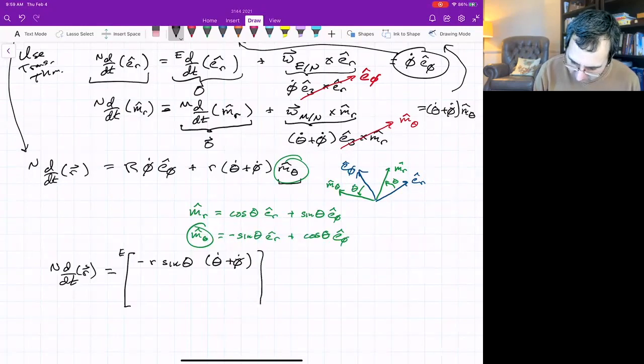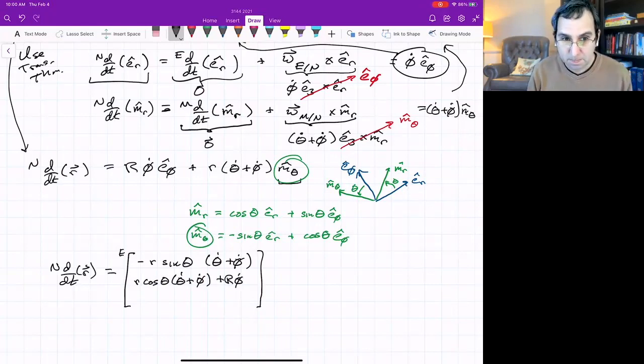That's in that ER direction. And then for the other one, little r cosine theta, theta dot plus phi dot, plus big R phi dot, and then 0. Okay, that was one way to do it.